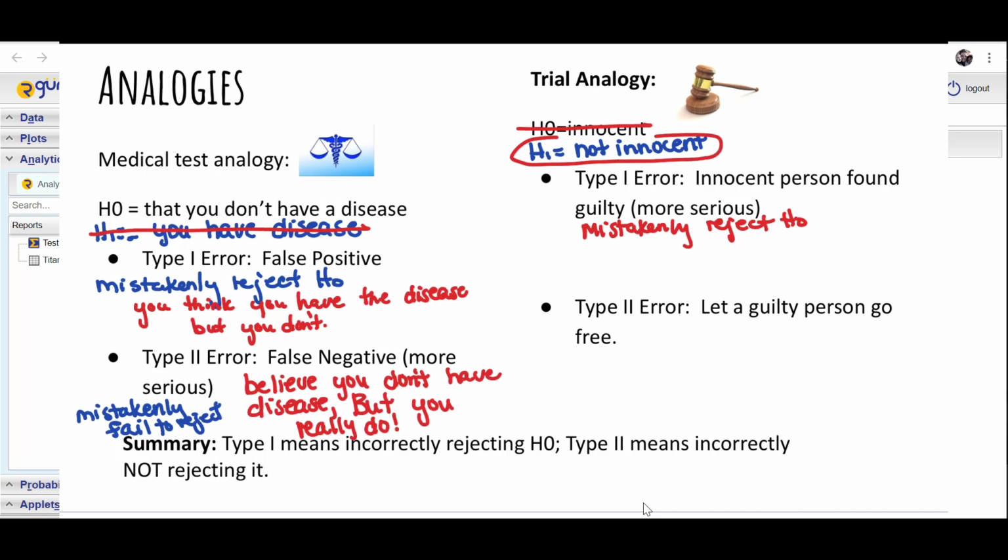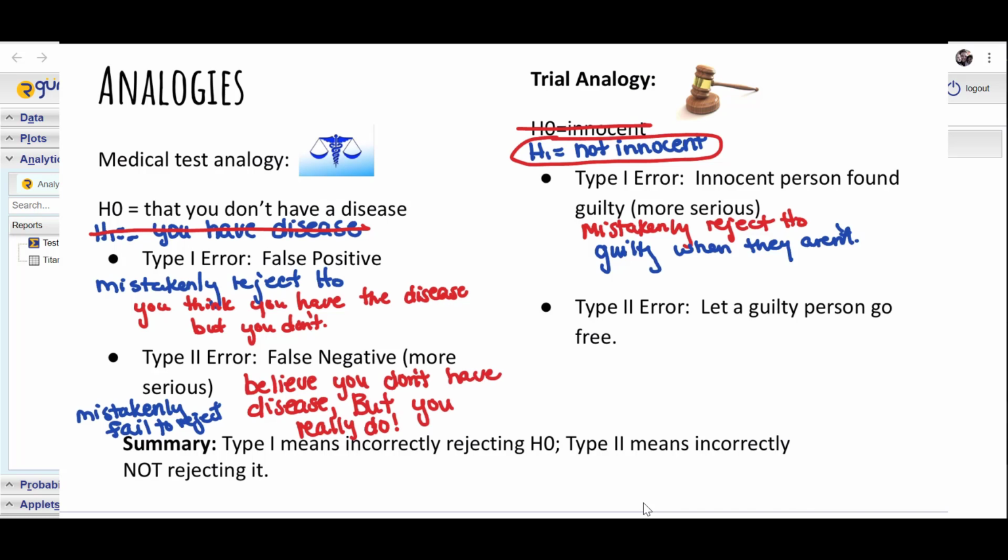And in that case, we support H1 that you're not innocent. So this is where we say the defendant is guilty when they aren't, which is bad, right? You don't want an innocent person to go to jail.